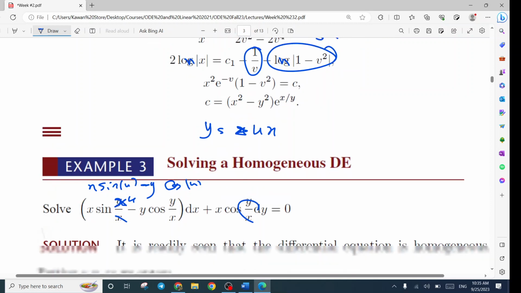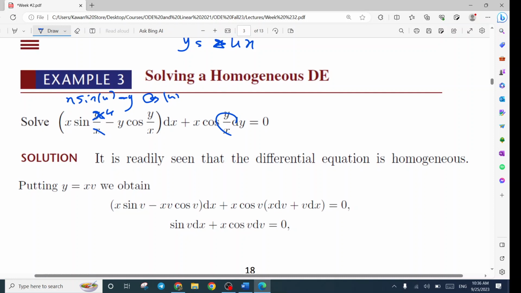The same thing holds for here. It will be easy putting x equal to vy; you will get sine of u, cosine of u, or v. The others are the same, the same example. Please do it at home.